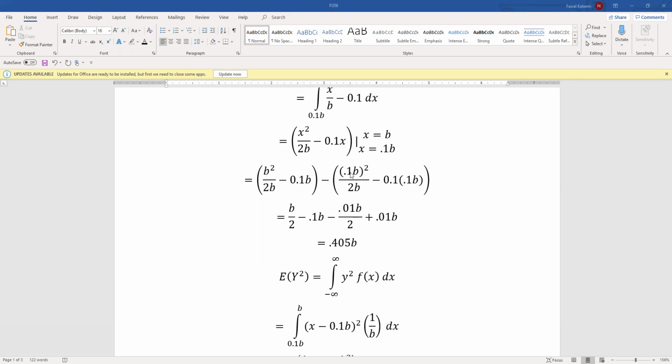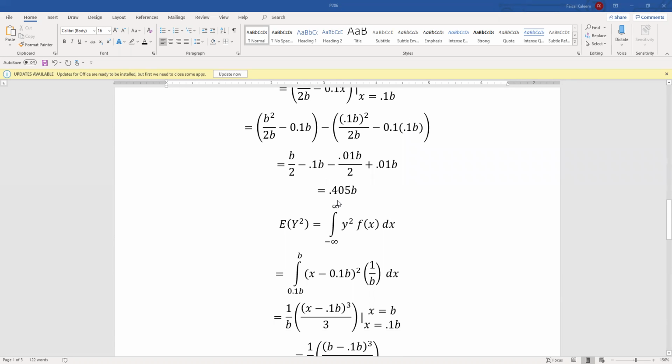And this one, if you open it out, is 0.01 B squared by 2B, so that would be 0.01 B over 2. And this negative will become plus 0.01 B. And all the 4 terms are B terms, so you add and subtract their coefficients, and you end up getting 0.405B. And that was the expected value of Y, and then we need expected value of Y squared.